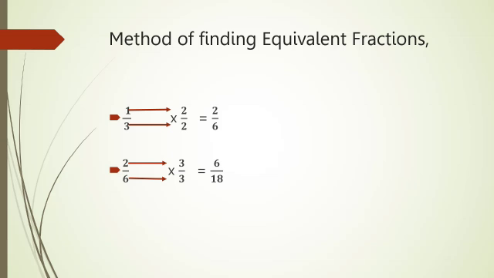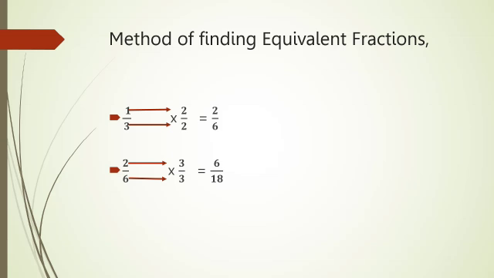And when we multiply 3 by 2, it will become 6. We have to multiply numerator and denominator with the same non-zero number. So from here I can say that 1 over 3 and 2 over 6 are the equivalent fractions.